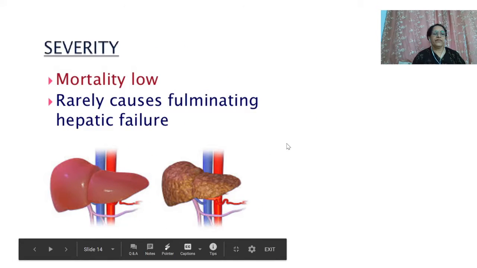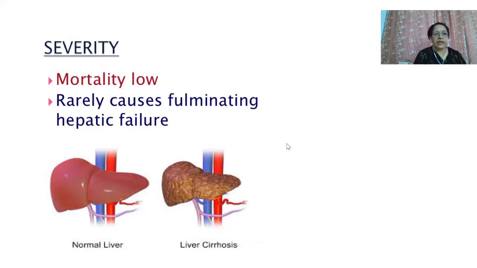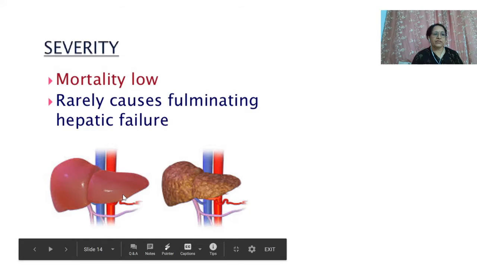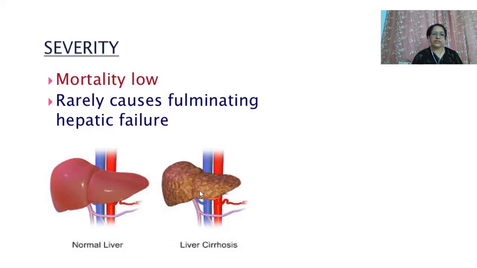During infection by hepatitis A virus, also called infectious hepatitis, mortality is low. But with hepatitis B, comparatively chronic hepatitis occurs, and it may lead to liver cirrhosis. So if this is a normal liver, you can see a cirrhotic liver is of this type.